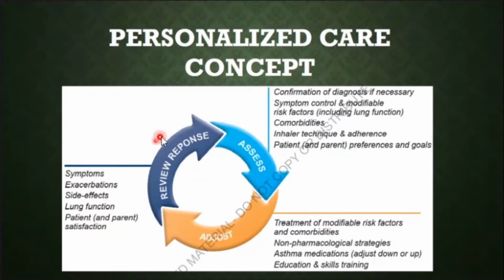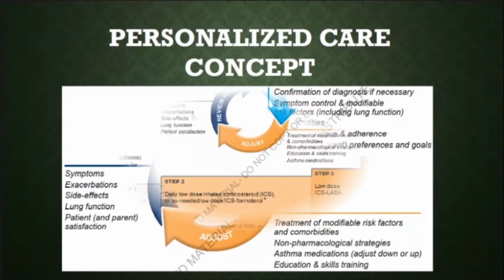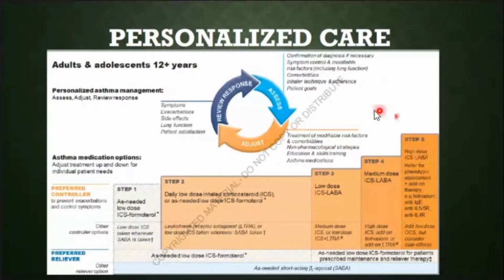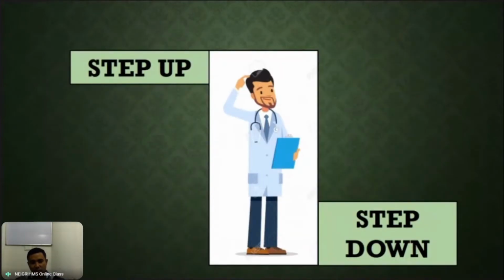Your interaction with your patient will be continuous. Okay, so now when we adopt this into our step down therapy, then it makes more sense in the sense that with each cycle, if we want to, we can step up or step down. Okay, so now the most important question is, when do we step up therapy and when do we step down? How do we step up and how do we step down?